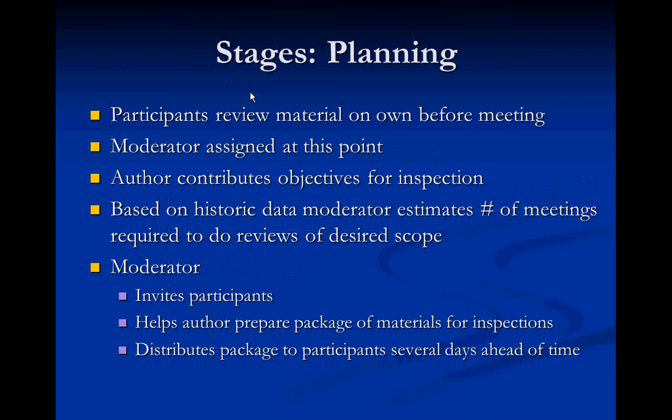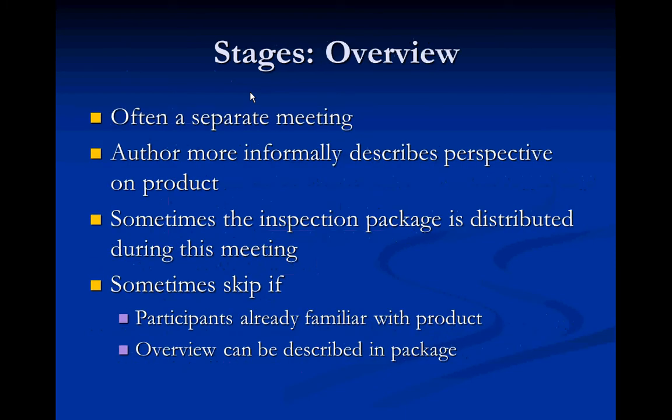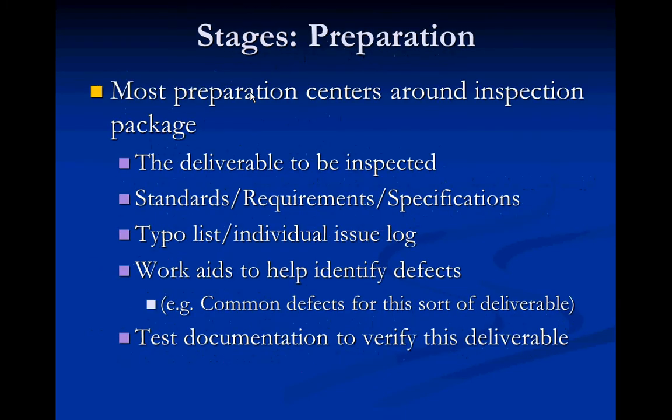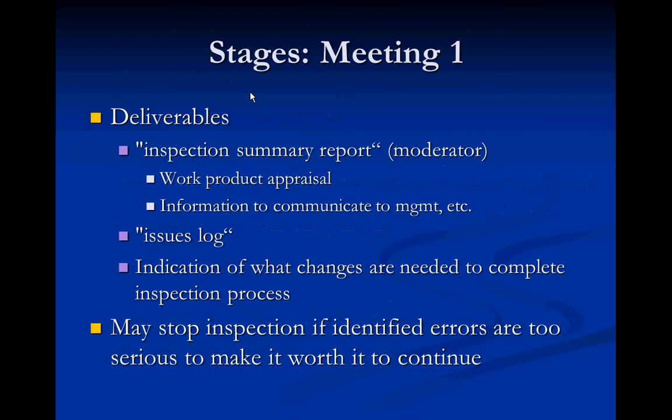I have discussion of the stages of this, what's required at the planning stage, the overview of the document, preparation of the elements. And I'm not going to be really picky about enforcing all of this, but I want to see something like this taking place. I'm not going to be incredibly picky on whether there was a follow-up meeting to verify the things were fixed or what have you.